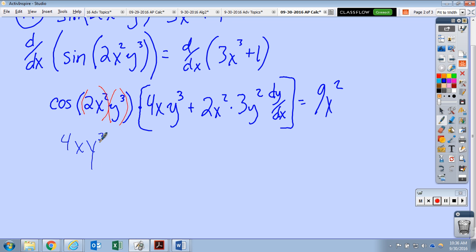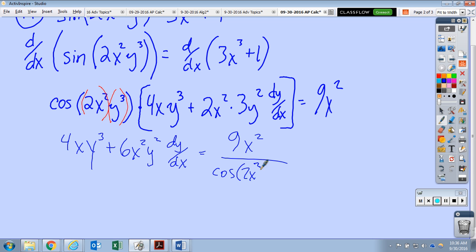4xy cubed plus 2x squared times... we have a product here, so it's going to be 6x squared y squared dy/dx, is equal to, if I divide each side by this, 9x squared all over the cosine of 2x squared y cubed.